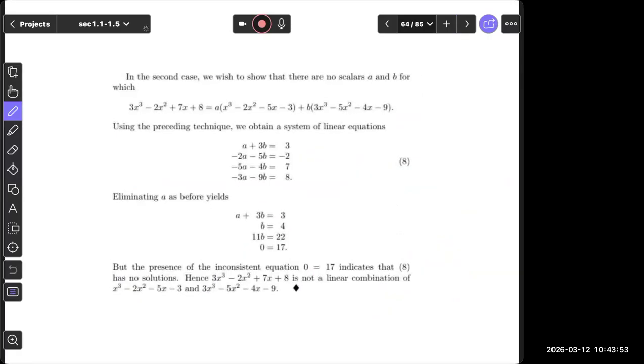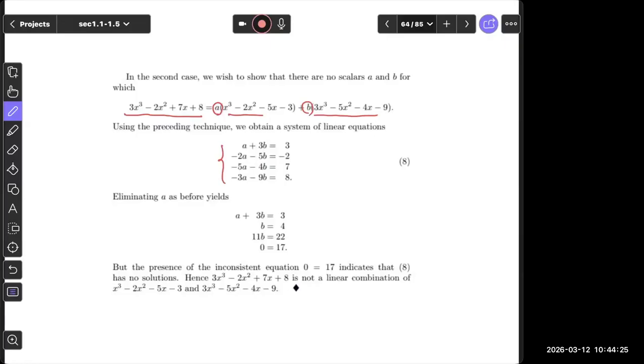let us consider the following. If this were a linear combination of these two polynomials, then there must be two coefficients a and b satisfying this equation. Then this system of four equations in two unknowns a and b must have a solution.